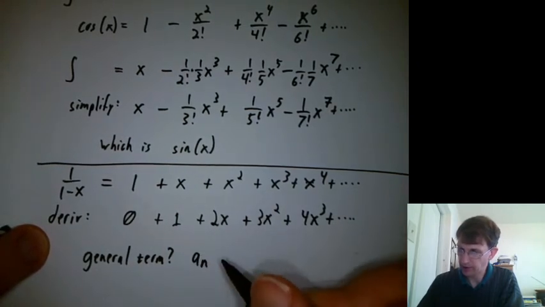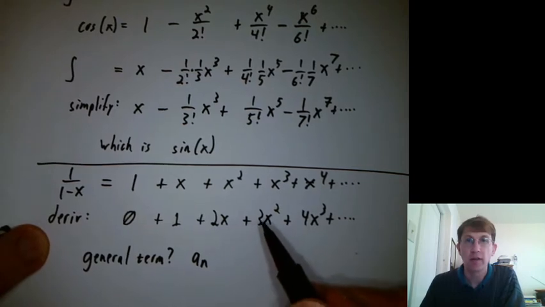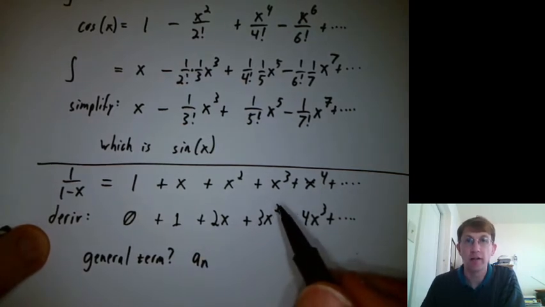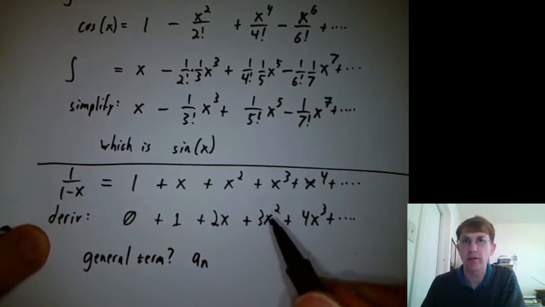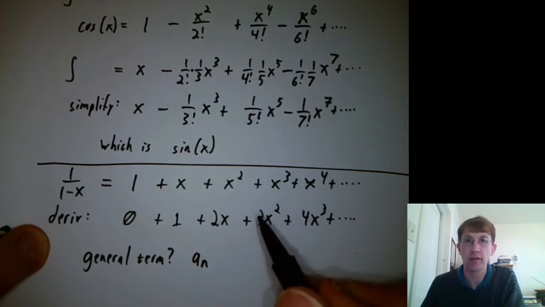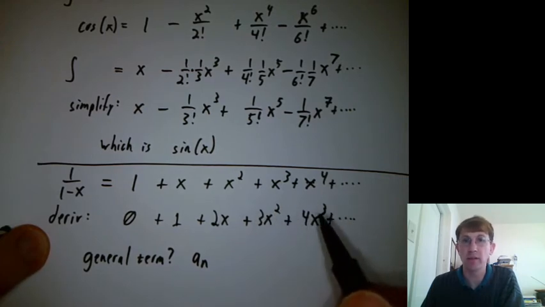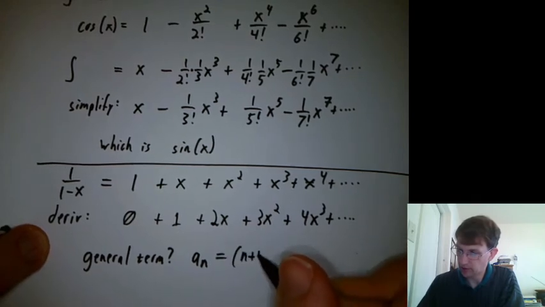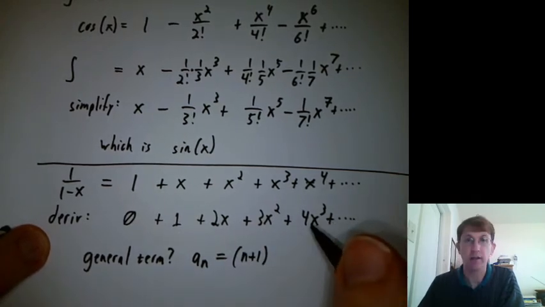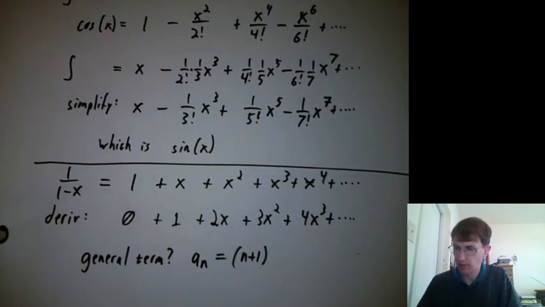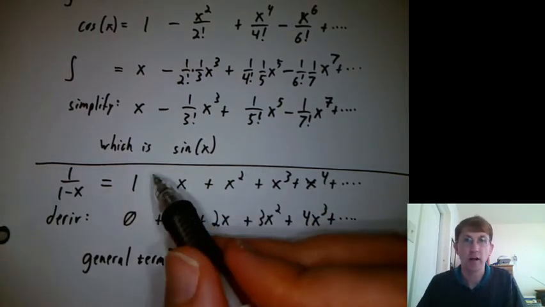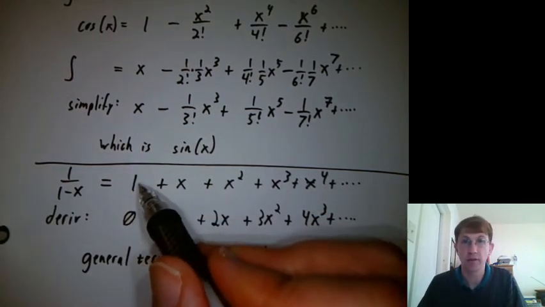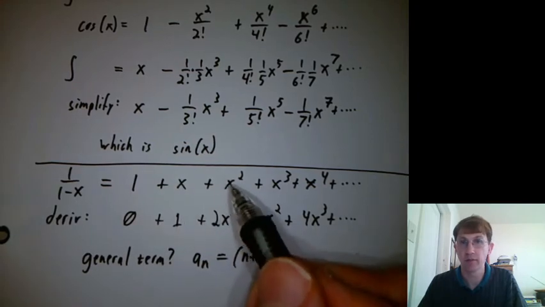So let's say, what's a sub n here? Remember, that's the coefficient on x to the n. The coefficient on x to the 2 is 3. The coefficient on x to the 3 is 4. So it seems like the coefficient on x to the n is n plus 1. It's kind of tricky here. Up here, this was my n equals 0 term, this was n equals 1, this is n equals 2.